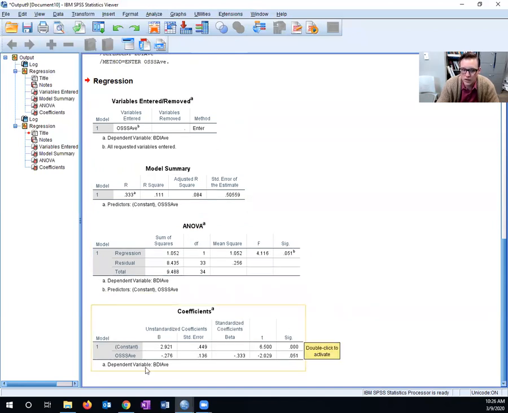Now, if we come down to the coefficients table, we can see how much that line departs from being flat. If we look at the standardized beta, we've got -0.333. That tells us that that line is negative, so as social support grows, depression drops, and it does so significantly.